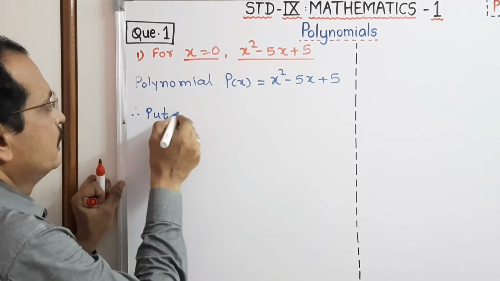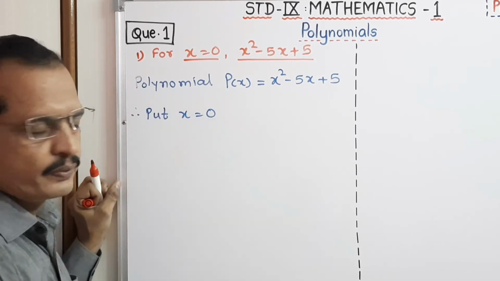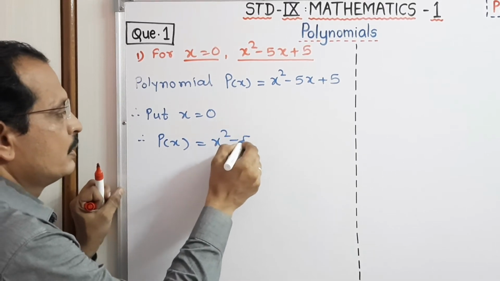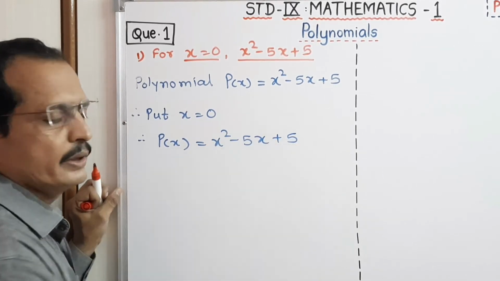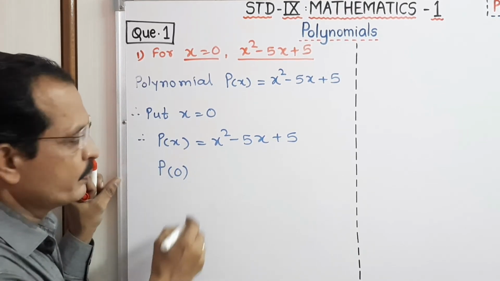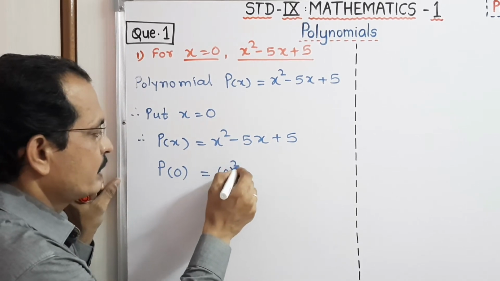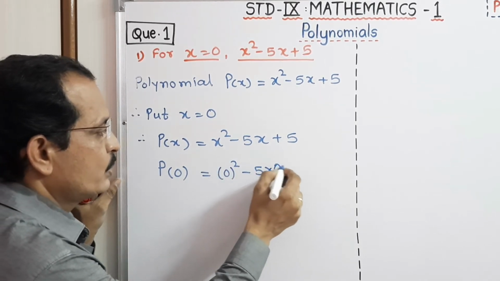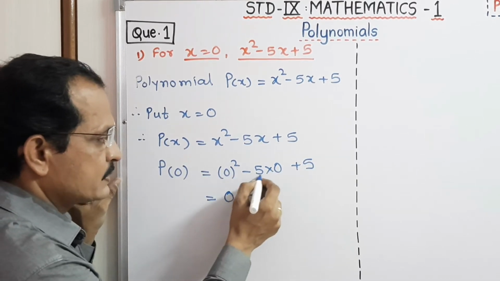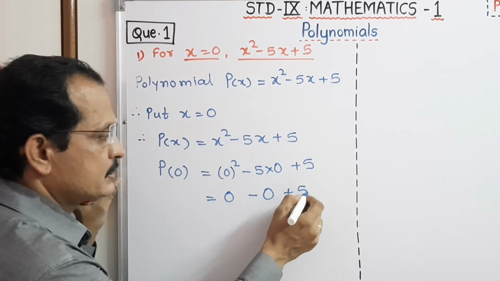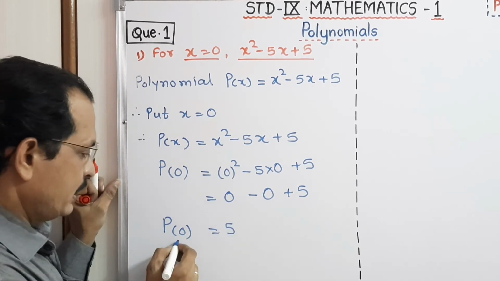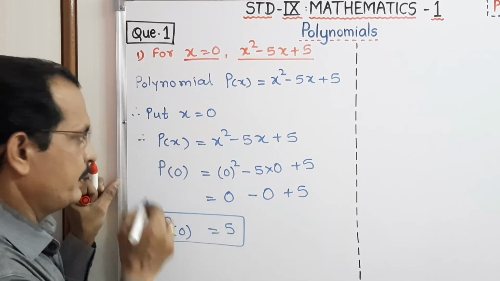Therefore, put x equal to 0. p(0) is equal to 0 squared minus 5 into 0 plus 5. The square of 0 is 0, minus 5 into 0 is 0, and here it is 5. Therefore, the value of this polynomial for x equal to 0 is 5.